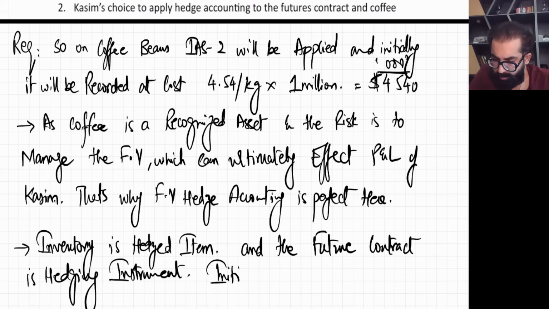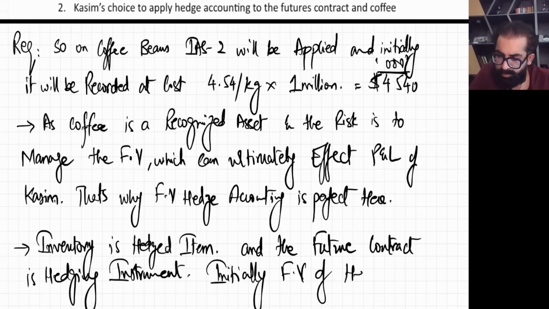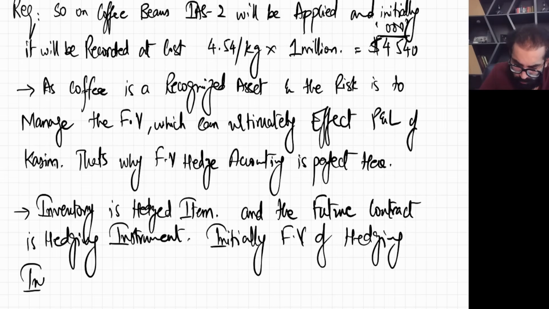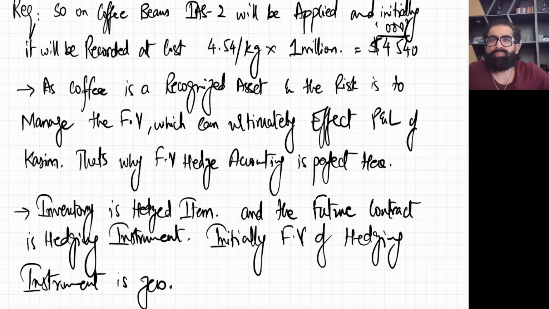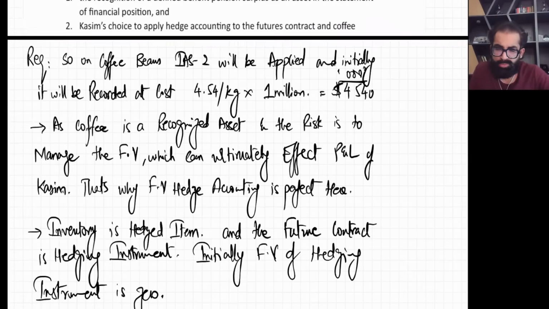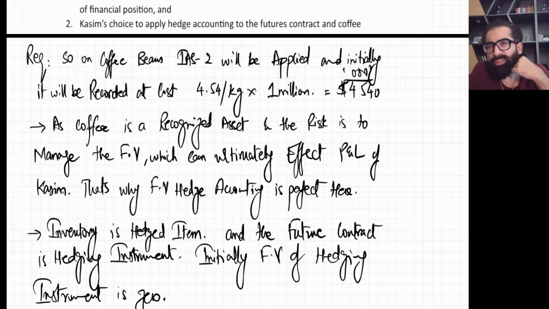Initially, the fair value of the hedging instrument is 0, right? Because the company did not pay anything initially. So this is just an intro. Now let's calculate the fair value change of both.